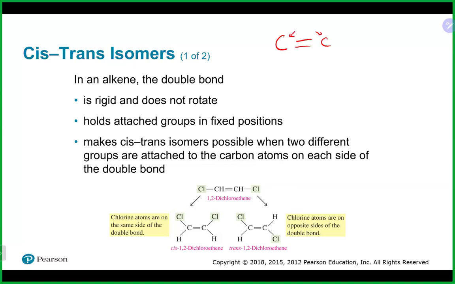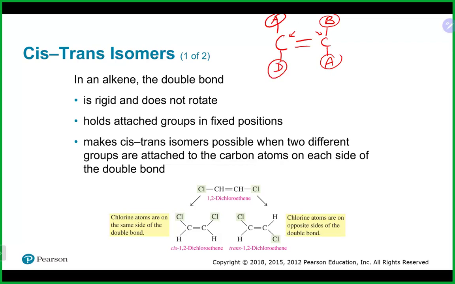When you look at each double bond carbon individually, the first thing that has to happen is each of those carbons has to have different groups attached. So like A and B is different. You cannot have on the same carbon within the double bond two of the same groups, otherwise cis or trans isomers cannot happen. You also need some different groups on this carbon, using my alphabet there.